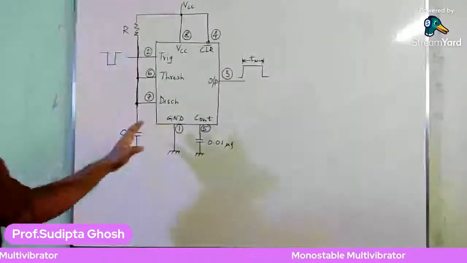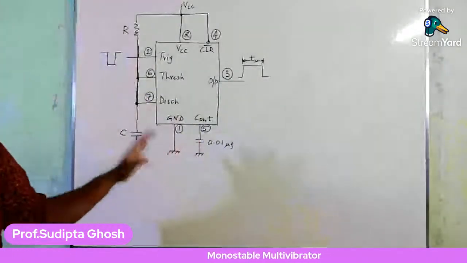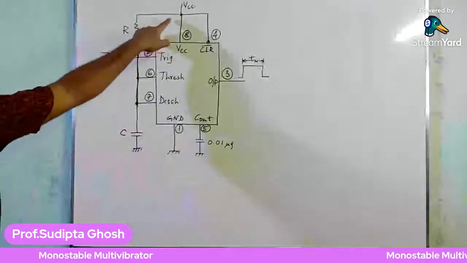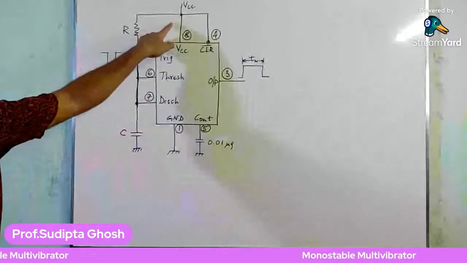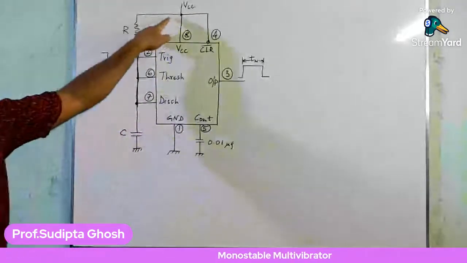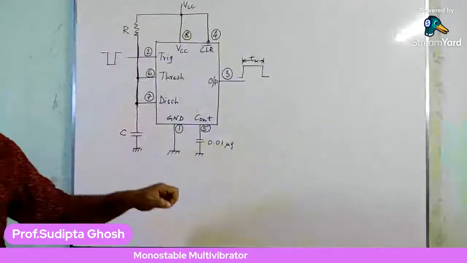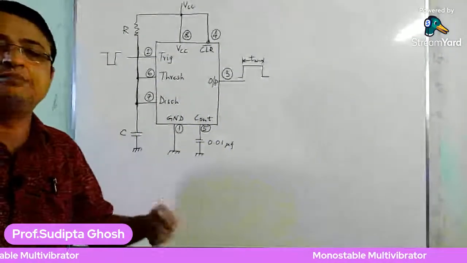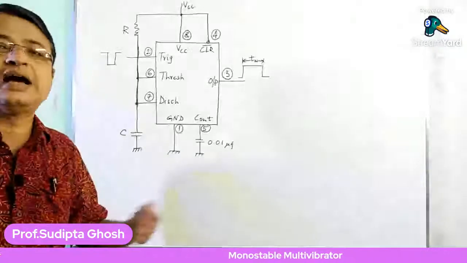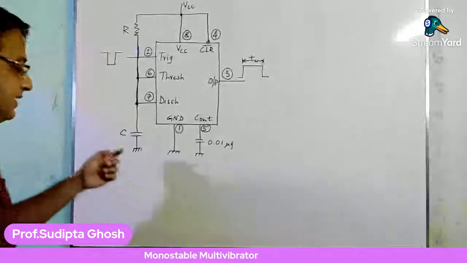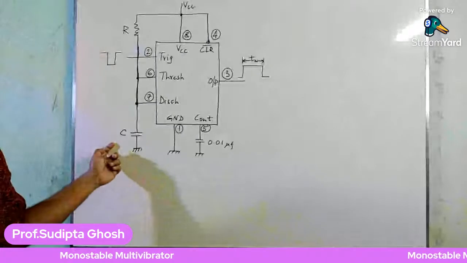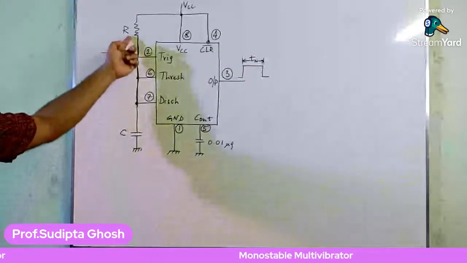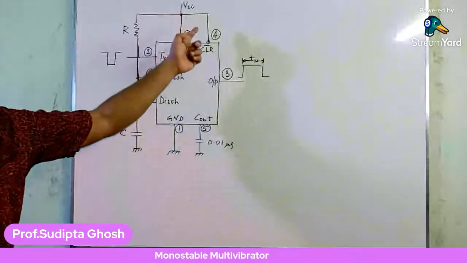Now as the circuit is switched on, this capacitor sees or finds the value of VCC. This capacitor finds the value of VCC, and if we initially assume that the capacitor is discharged at time t equals 0, then after switching on the circuit, this capacitor will tend to charge through this resistor R towards the value of VCC.